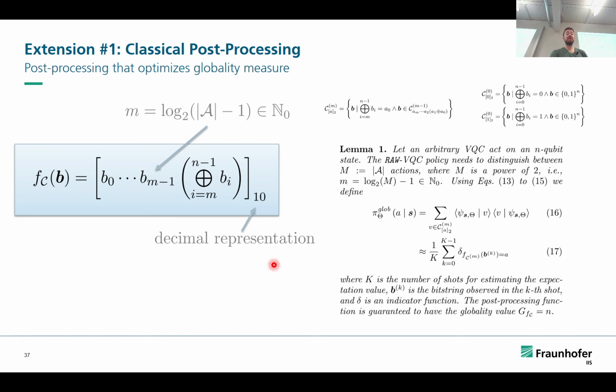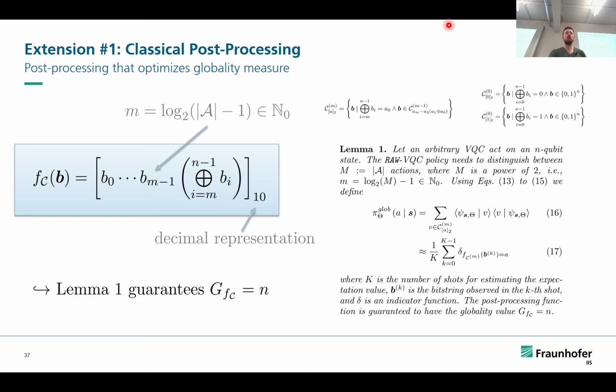We came up with this function here, which also uses some parity information. The actual setup is not too important here, but what is very important is that you can show by an induction proof that for this post-processing function you always guarantee the maximum value of this measure. We call it the globality measure.